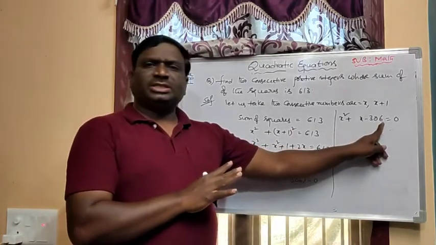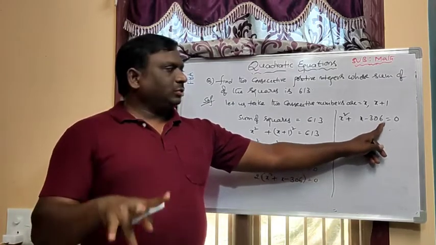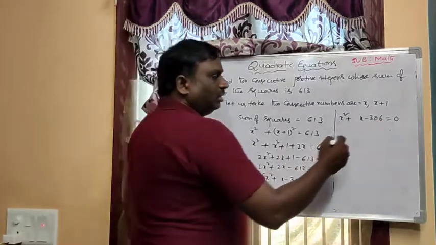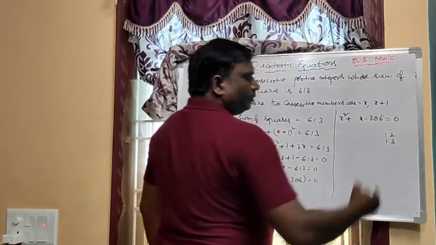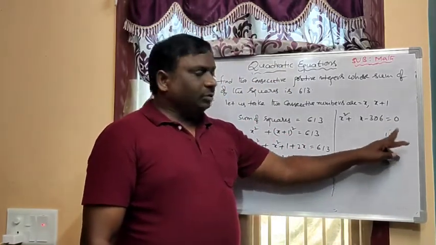Now the units place is 6. What are the two numbers which multiply to give 6 in the units place? It is possible for 12, 13. These two are consecutive and 3 twos are 6.